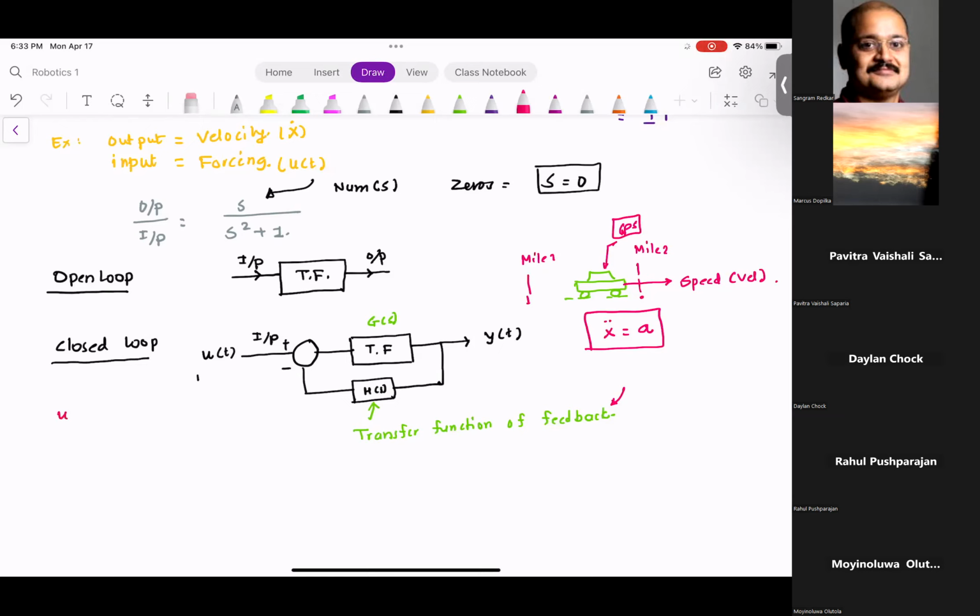That could look like U of t as the input, then you have the transfer function, you have the output, and then you just have no feedback gain, one. So this is unity feedback.